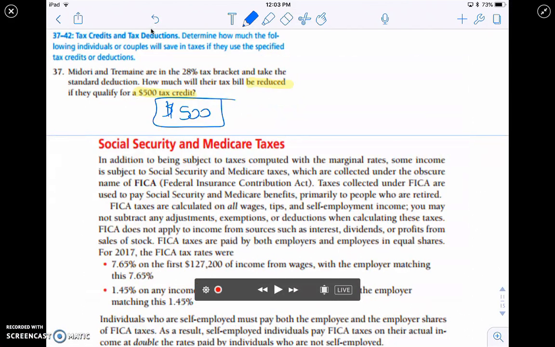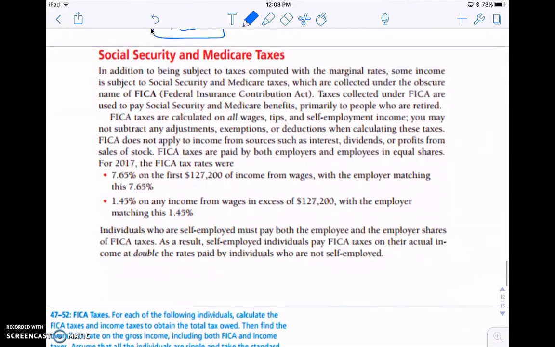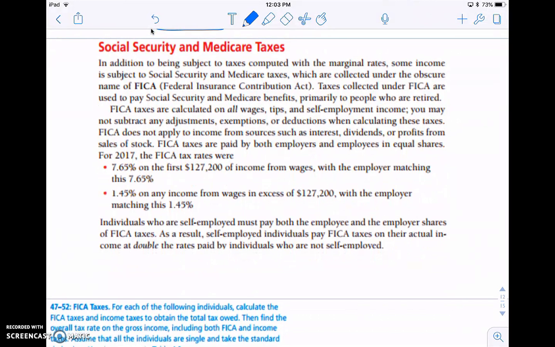So I'm going to say a couple things about Social Security and Medicare taxes, and then we'll have to end this video and start on a part 3. Now, in addition to being subject to taxes computed with marginal rates, some income is subject to Social Security and Medicare taxes, which are collected under the obscure name of what we call the FICA taxes, and that's the Federal Insurance Contributions Act.